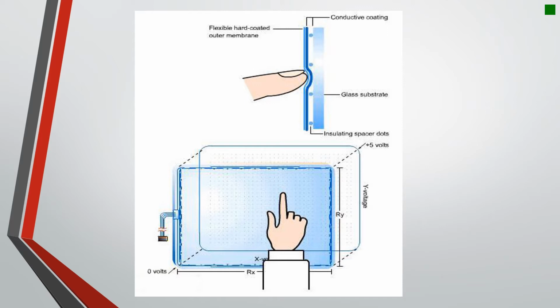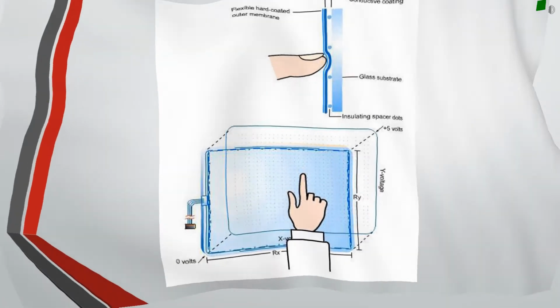Finally, as the very top layer, there's a flexible, hard-coated outer membrane. This membrane is where all the bending of the cover sheet occurs. However, it's much more accurate and durable in 5-wire resistive touchscreens, as we may have outlined earlier.